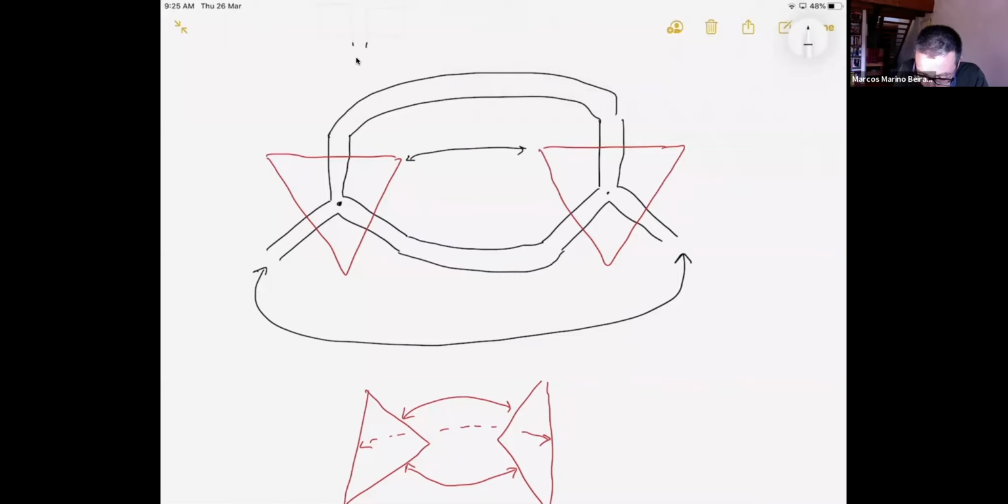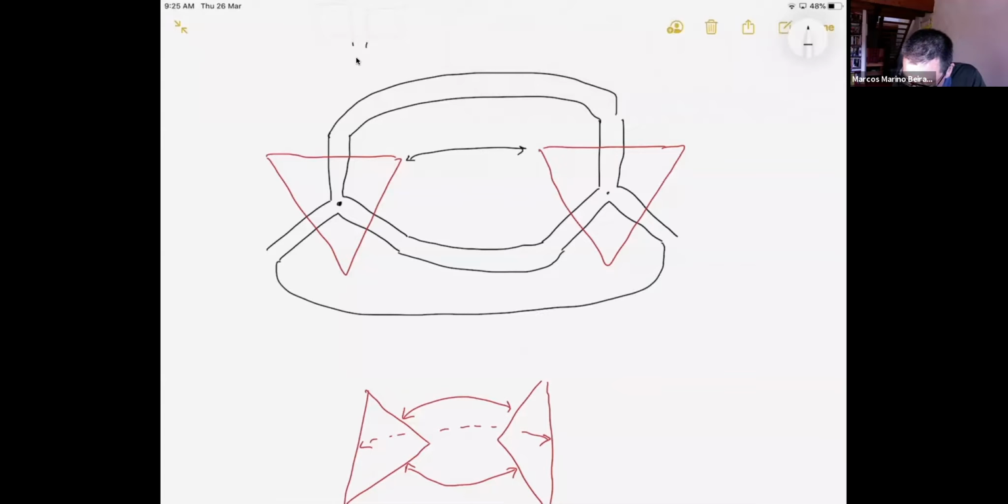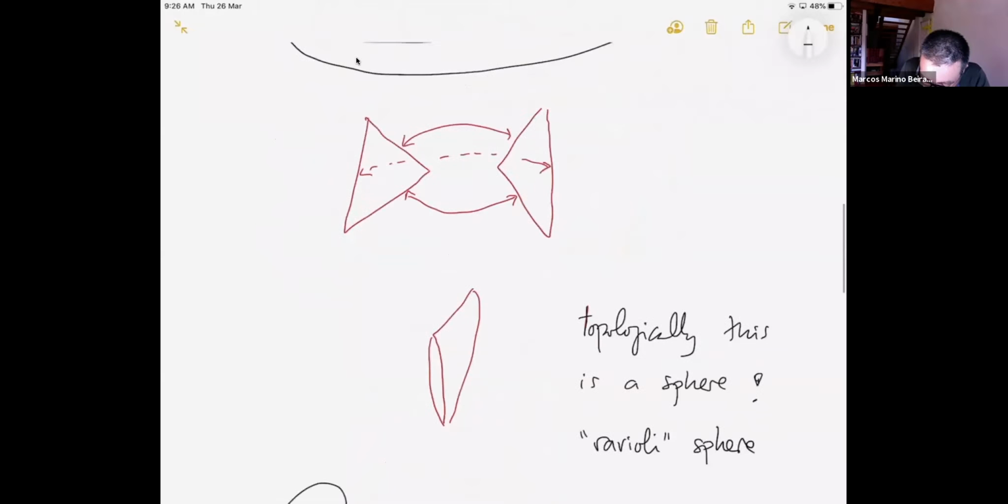Okay. In the same way, this vertex here, or if I continue drawing this diagram here, you can see that these two vertices, which are going to be identified, are associated to this single line here. And finally, this vertex, which is identified with this vertex in the final figure, is going to correspond to the other closed loops. So in this ravioli, you can see that there are three vertices, okay?